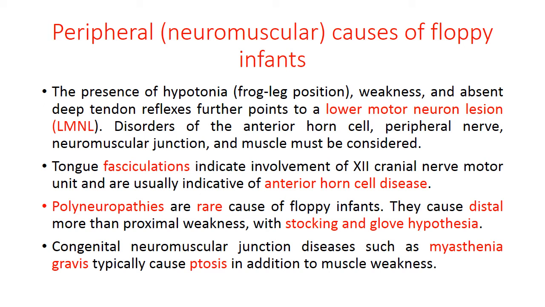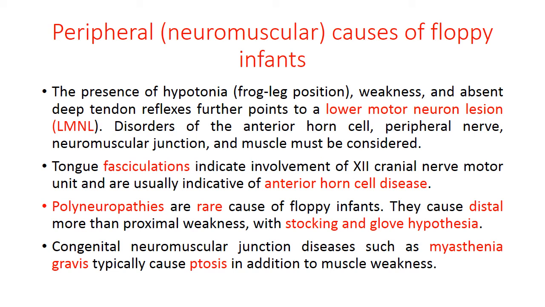The presence of hypotonia, weakness, and absent deep reflexes point to a lower motor neuron lesion. It is either a disorder of anterior horn cell, or peripheral nerve, or neuromuscular junction, or a muscle disorder. How to differentiate? Tongue fasciculation indicates the involvement of the hypoglossal nerve, and it is usually indicative of anterior horn cell disease.